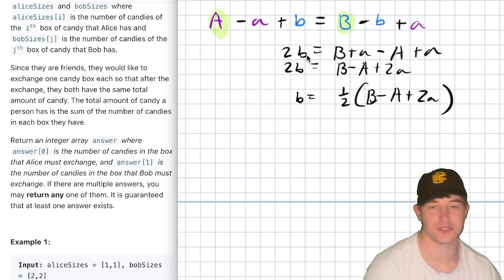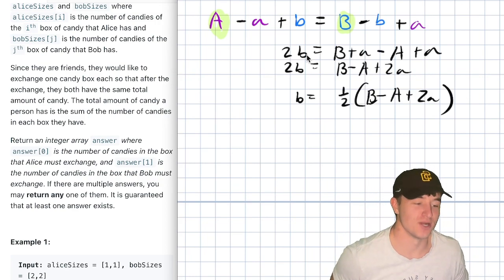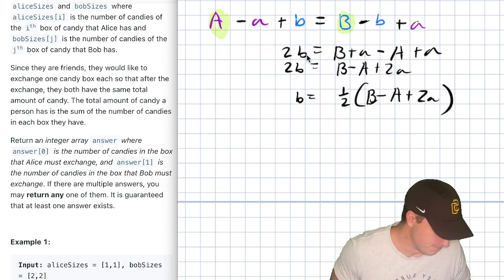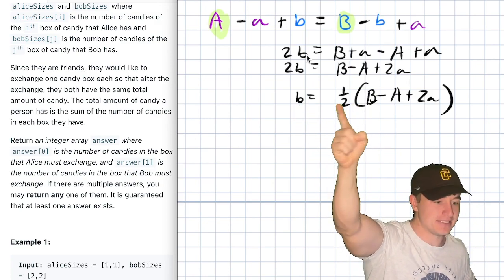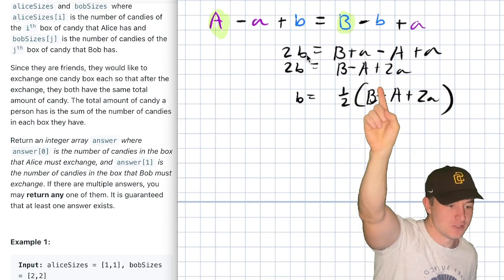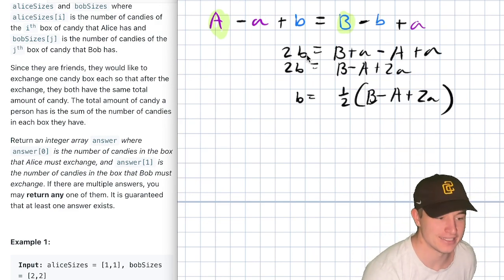Sometimes algebra can be hard, especially when it's been years since you've done it. Well, I guess I do that kind of stuff in these problems all the time, but it is definitely a challenge. So apparently what Bob has to give Alice when Alice gives him A is 1/2 times what Bob has, minus what Alice has, plus 2 times whatever Alice just gave him.